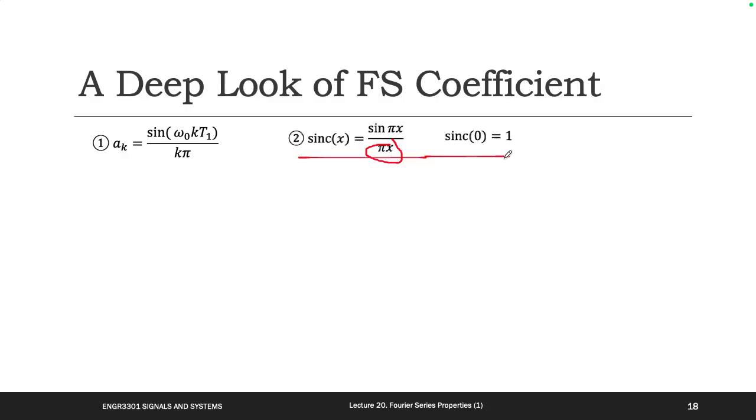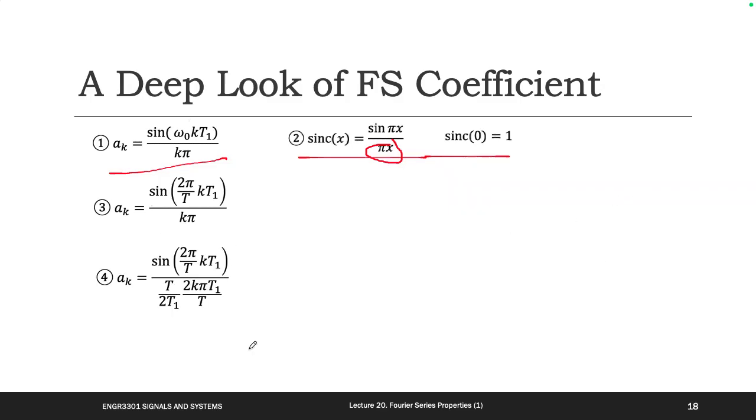Okay, then let's try to find the relationship between a_k and the sinc function. For a_k, we know ω_0 equals 2π over T, am I right? So we can write this equation as this one, and we can write this part as this one.